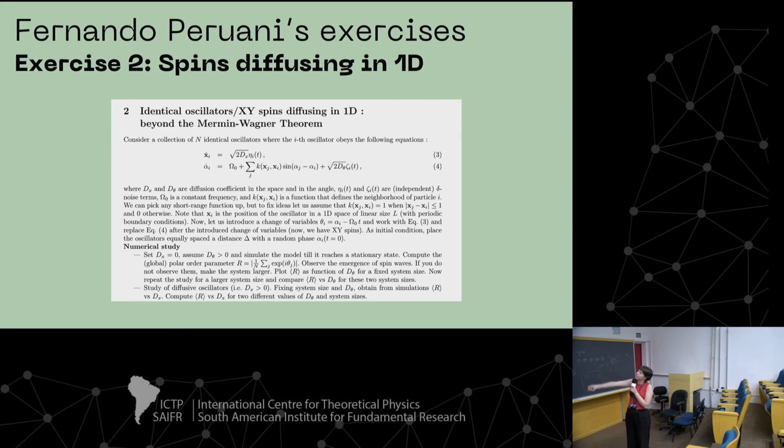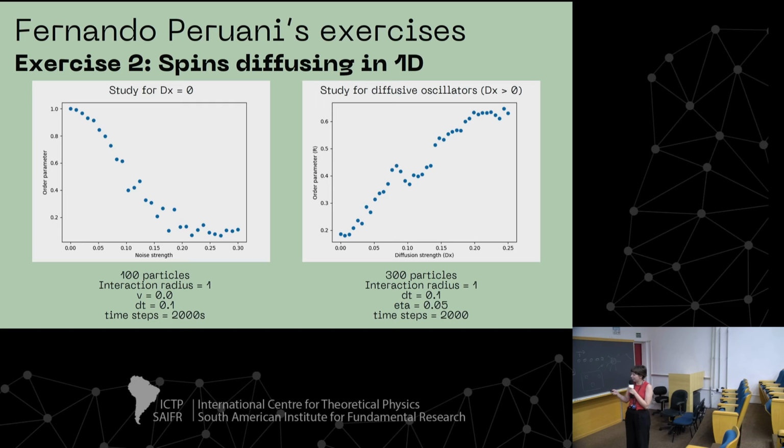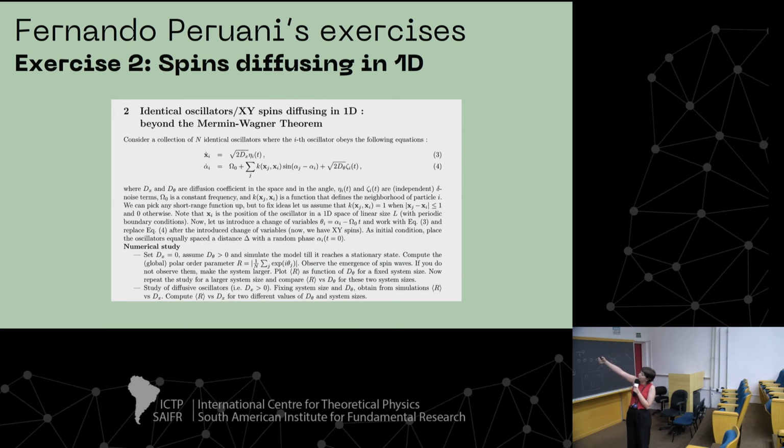So that was it. The second exercise, I just finished implementing it now, so it's not very nice looking. But basically, what you have here is also the systems of equations, and you do a change in variables. So we're looking at spins.